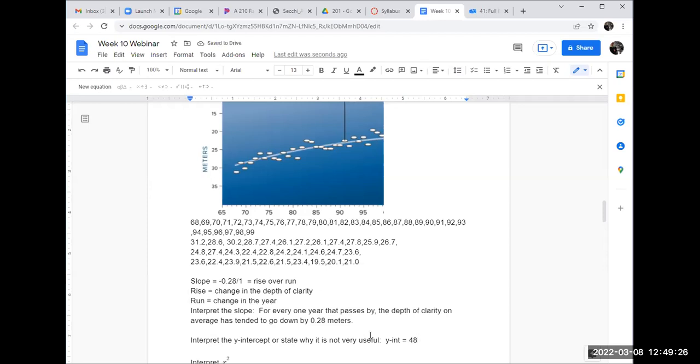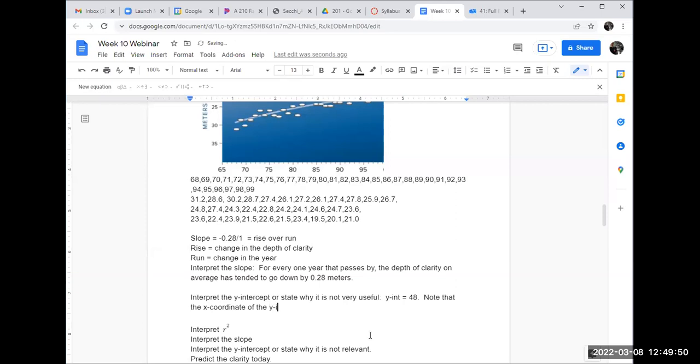Okay, so what's the x coordinate of the y-intercept? Always, in any situation, 0. So note the x coordinate of the y-intercept is always 0 by definition. Any questions on that?